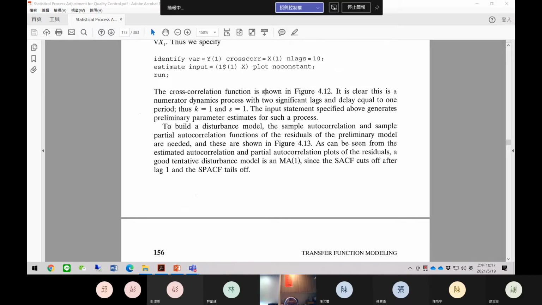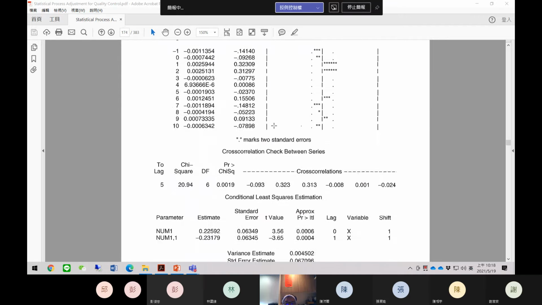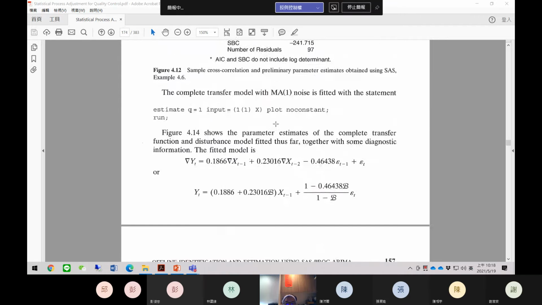From here, the cross-correlation function shown in figure 4.12 makes it clear that the numerator, the upper part of the fraction of the dynamic process, has two significant lags with delay equal to 1, so K equals 1.